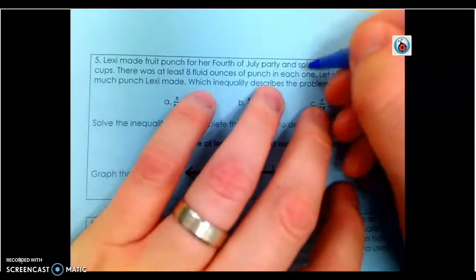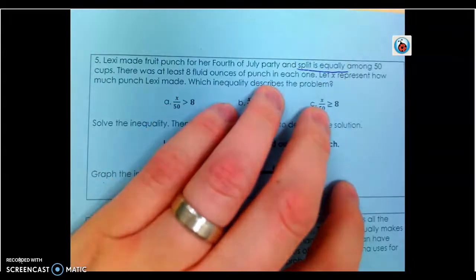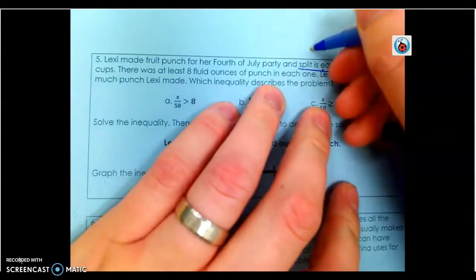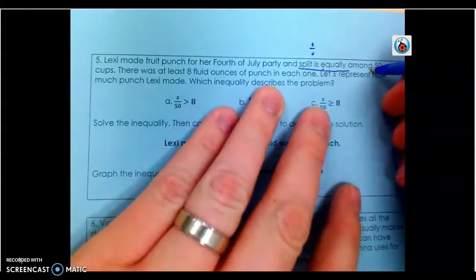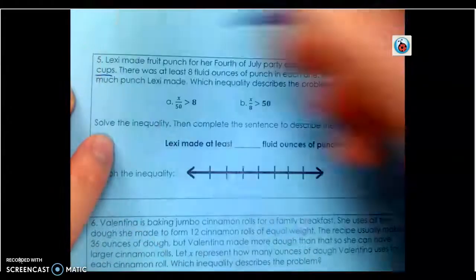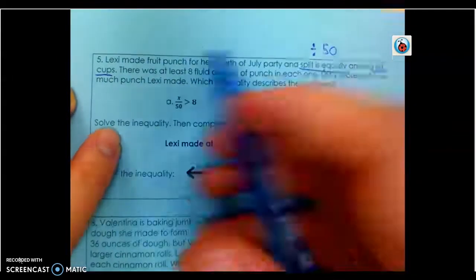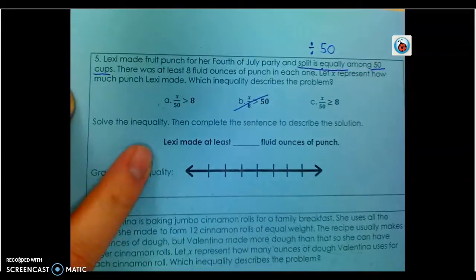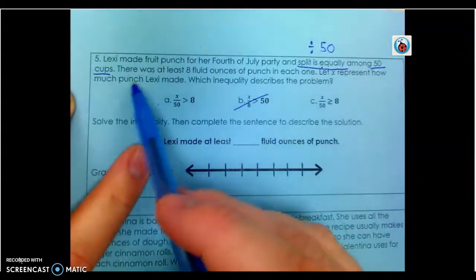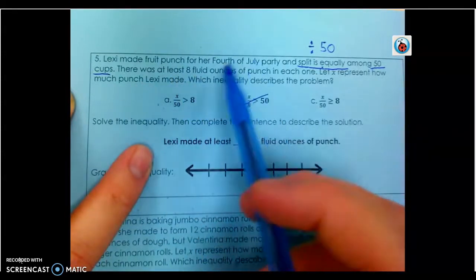First thing that's important is that we know we split it equally among 50 friends. Splitting equally means we're going to be dividing by our 50 cups. So that information we know that can either be A or it can be C. Can't be B. We then know that there was at least 8 fluid ounces of punch in each one.